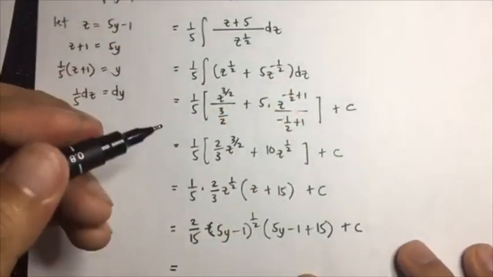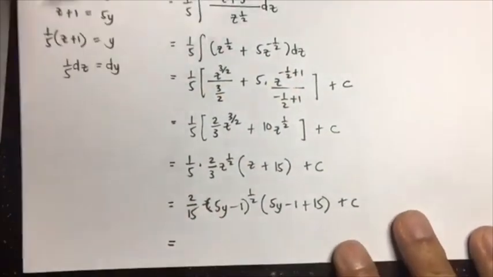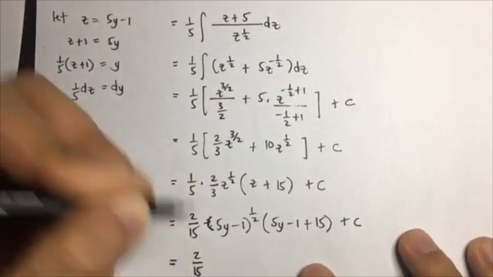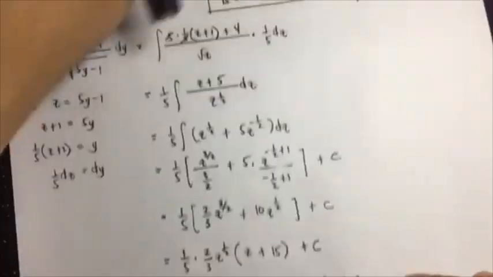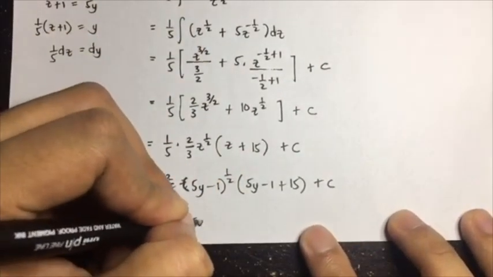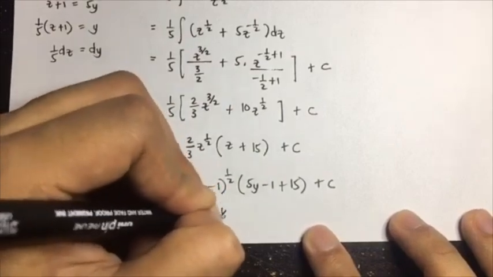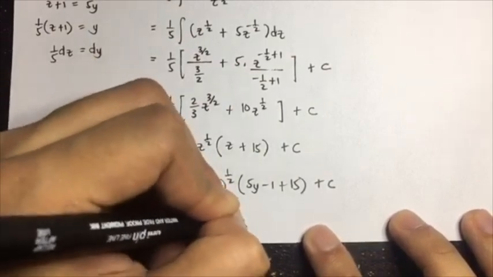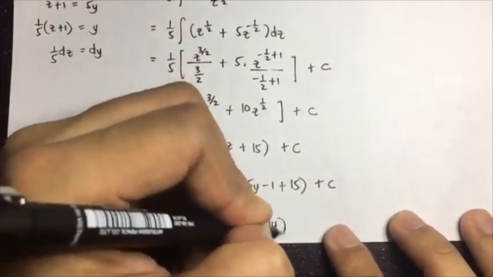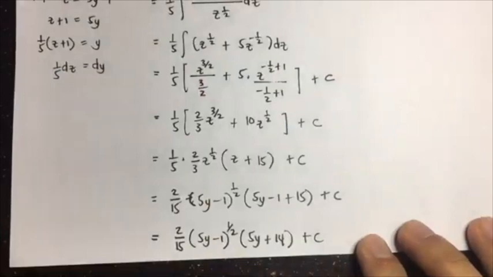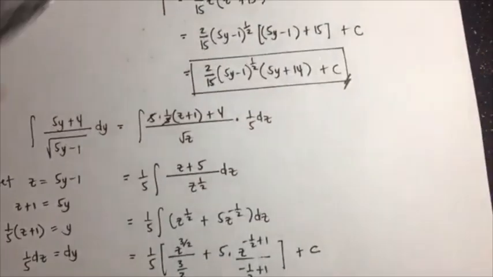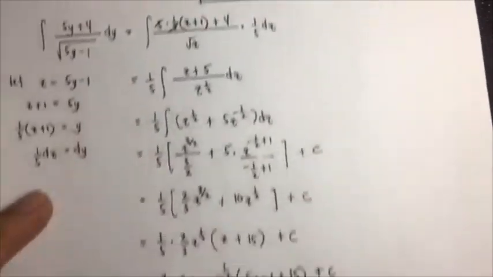This becomes similar to our previous answer: 2 over 15 times 5y minus 1 raised to 1/2 times 5y plus 14, plus c. So it is still the same as our previous answer.